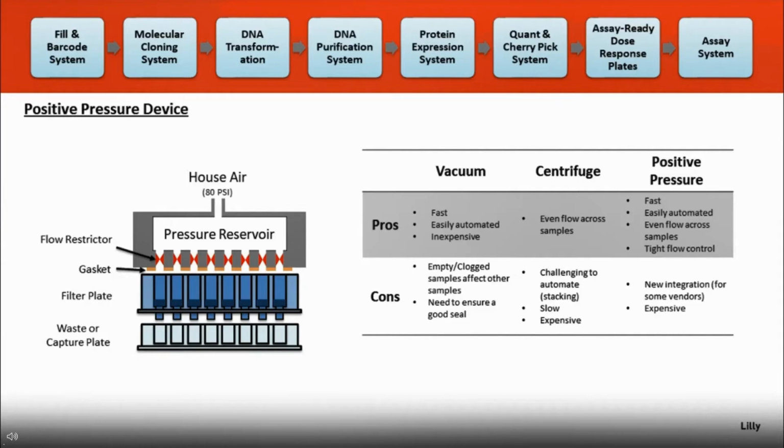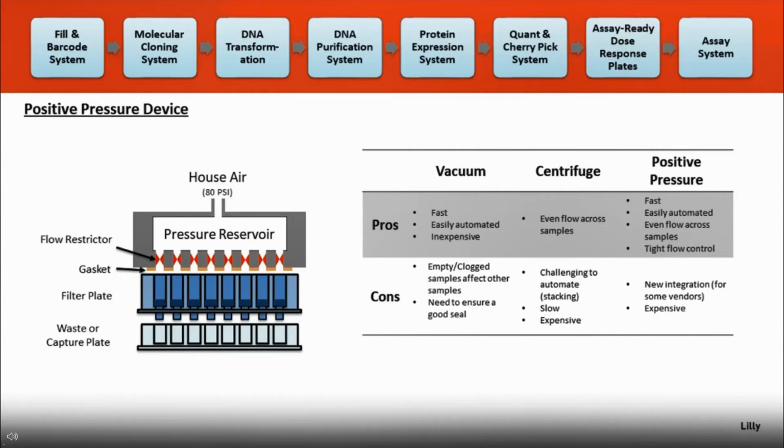And so it's a very nice, consistent flow rate across the plate, which is highly desirable. And the other thing is, essentially, to get into these positive pressure devices, you're stacking and unstacking labware. And so that's a big benefit as well, because that's a fairly simple mechanism to automate.